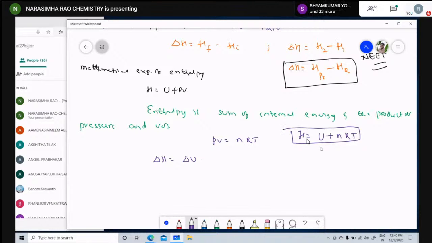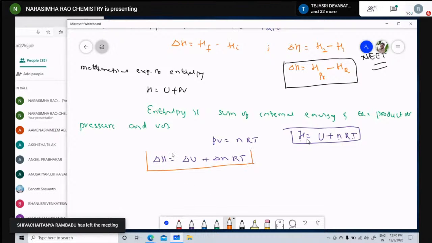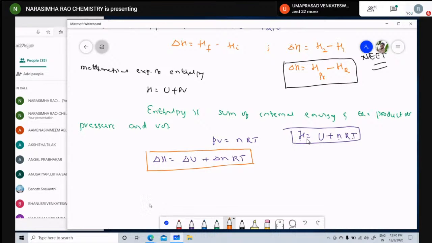Differentiating, delta H is equal to delta U plus delta nRT. Most useful formula for NEET. Now, delta H minus delta U is equal to delta nRT. Most useful formula. The difference between heat change at constant pressure and heat change at constant volume is delta nRT.